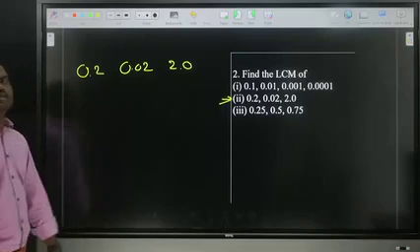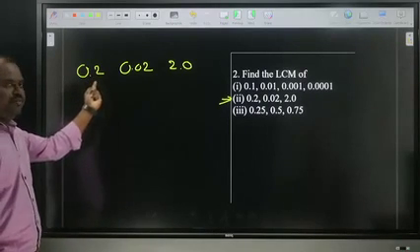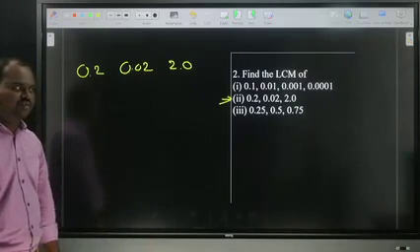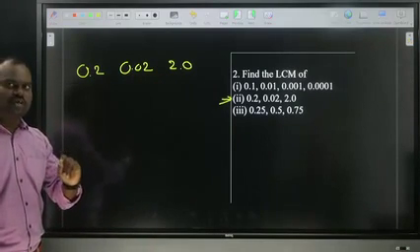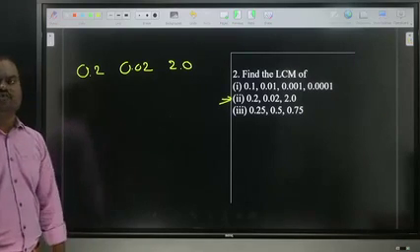Observe, after the point at maximum how many numbers are there? Here one number, here two numbers, here one number. Maximum is two numbers. So first of all make all of them two numbers. Wherever less, there we should write the zeros.